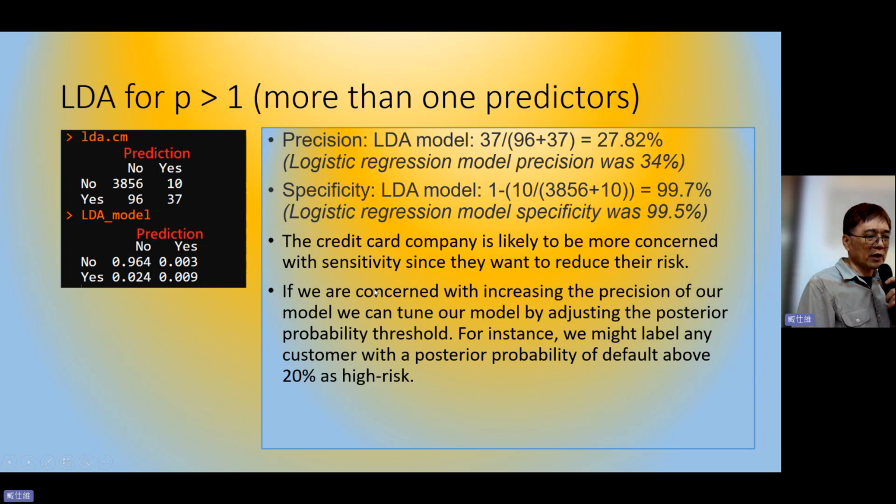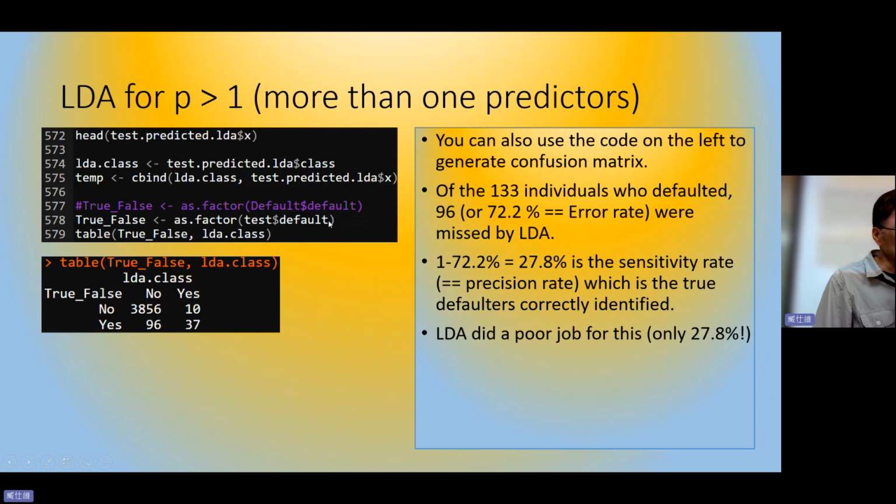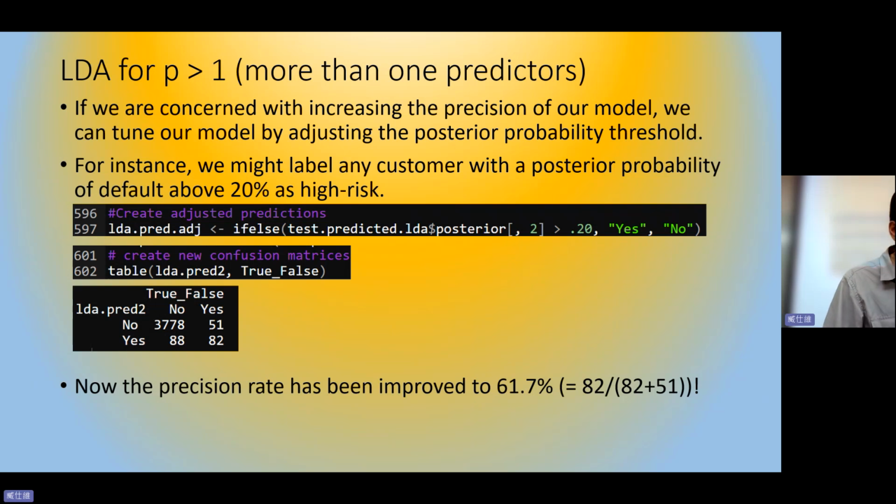If that's the case, then we can run the codings to regenerate the results here. If you want to adjust the threshold of the posterior probability, you can follow these codings.